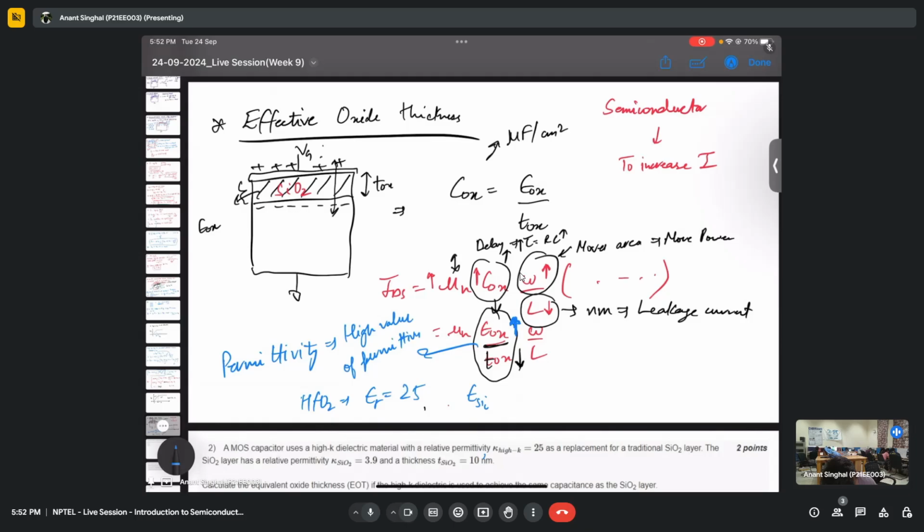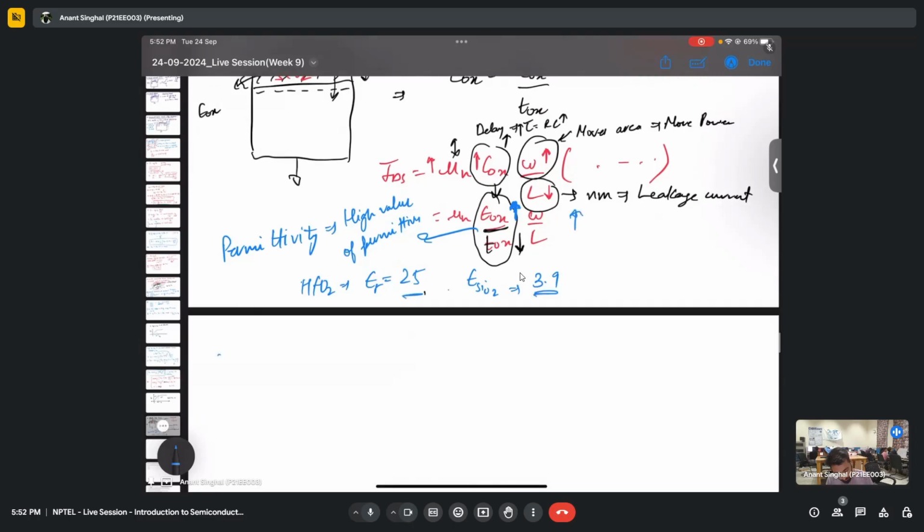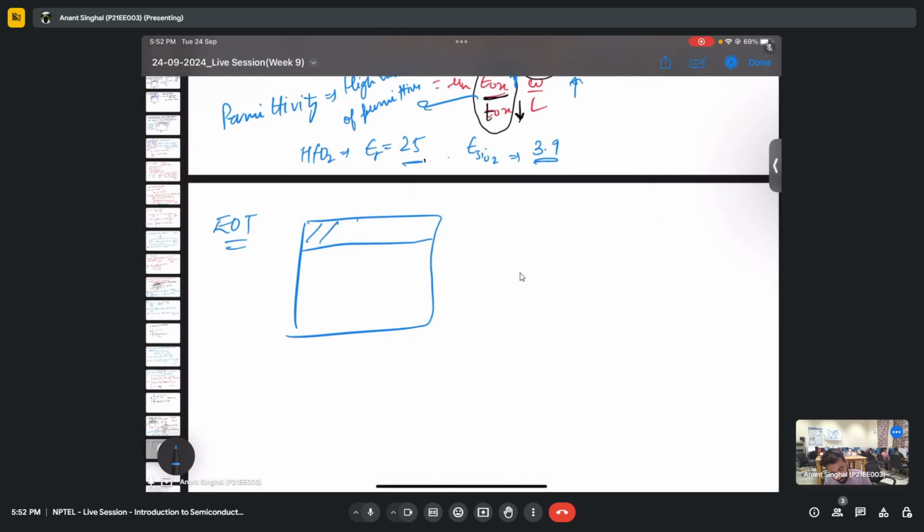So with 25 instead of 3.9, this current will increase, right? Because of the higher permittivity of HfO2. This gives rise to the concept of EOT. Instead of applying the oxide layer as SiO2, we apply a layer of HfO2 and we calculate the effective oxide thickness such that the capacitance remains the same.